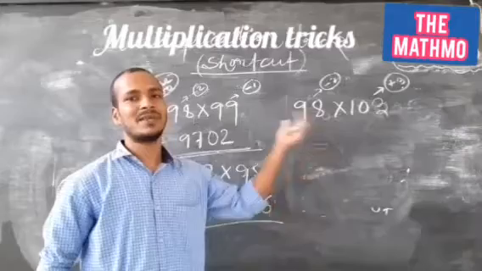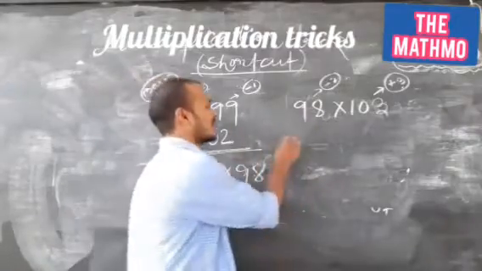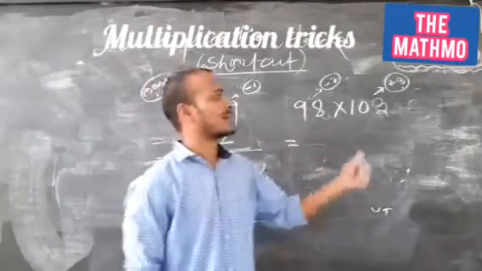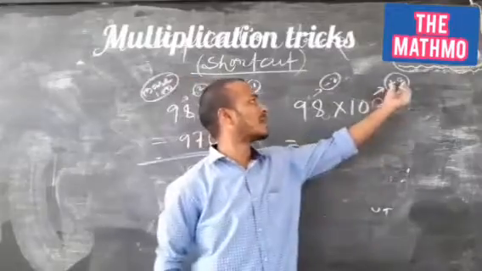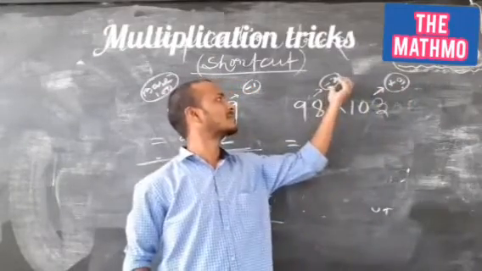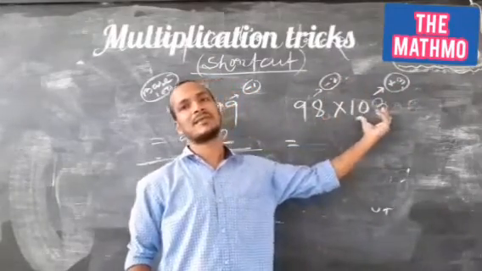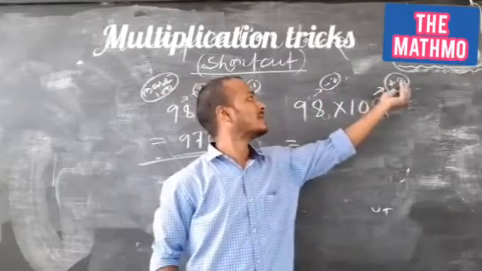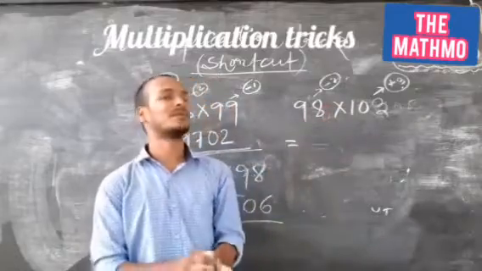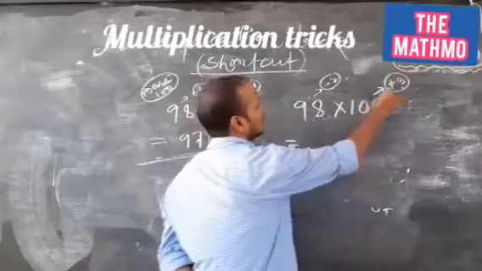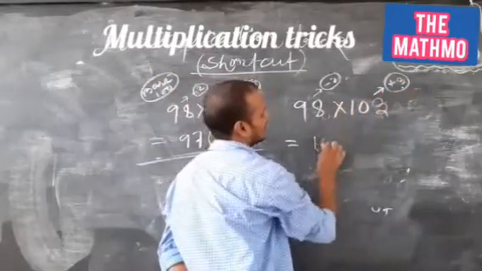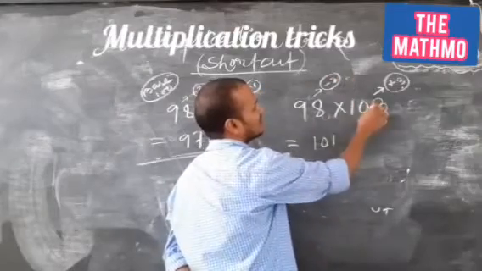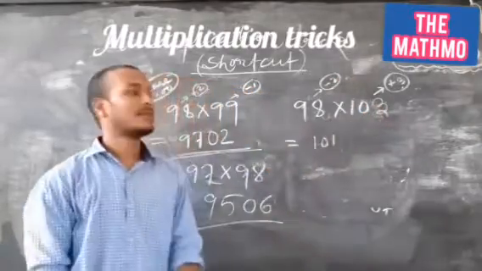So you have to keep the base as 100. Now we have to multiply. So like the previous one, either you have to add 3 to this number or you have to subtract 2 from this number. It is less, that is why you subtract 2 from this number, or add 3 to this number. So what comes? If you add 3 to this number, it will be 101. Or if you subtract 2 from this number, it will be 101.